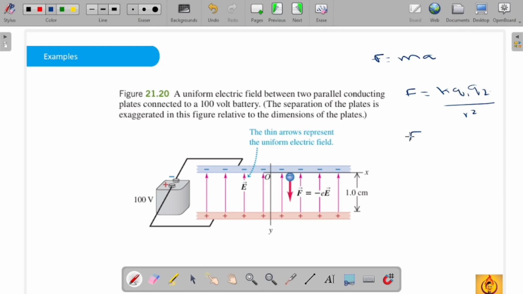We are going to have to use another formula, kQ over r squared, which is the formula for 1 over 4 pi epsilon naught. Sorry, I apologize. I don't know what happened. I've never seen such a thing in my life.